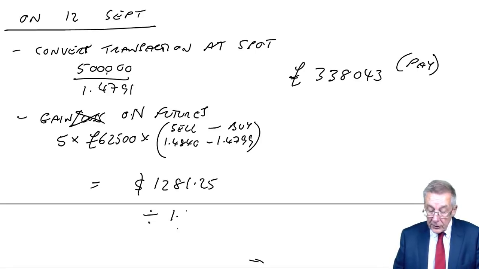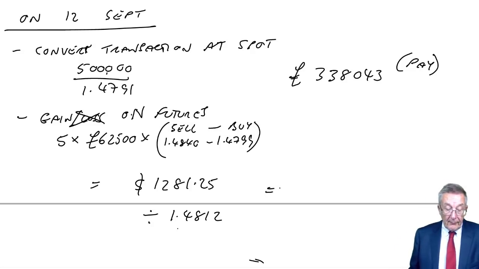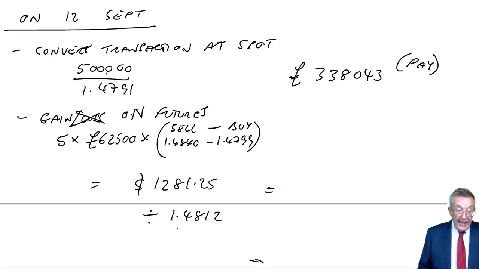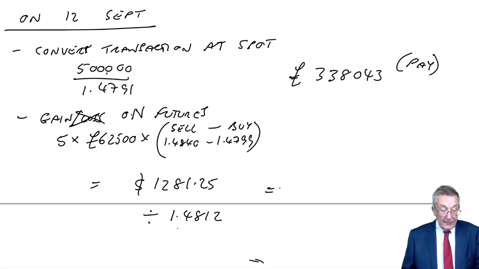The relevant rate on the 12th of September, 1.4812. So in pounds, the gain is 1281.25 divided by 1.4812 gives me a gain of 865.